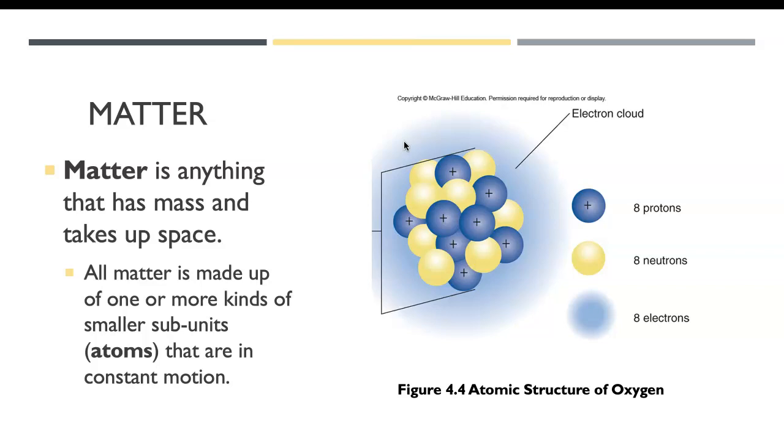When you split this nucleus, tremendous energy is released. That's why we use radioactive material to generate those nuclear reactions. We're going to talk more later in the textbook about nuclear power reactions.